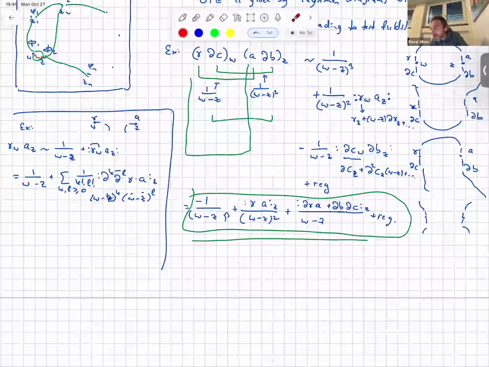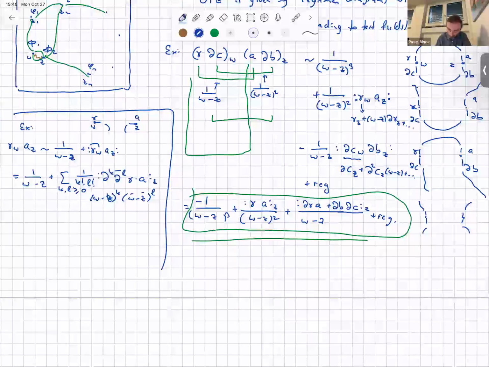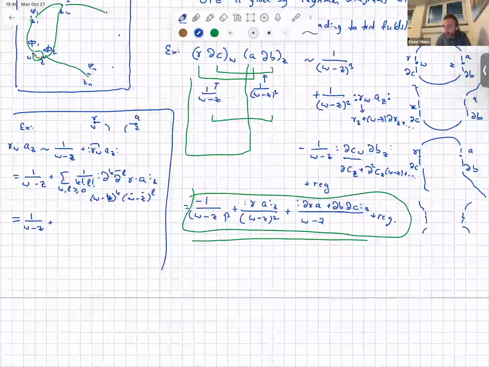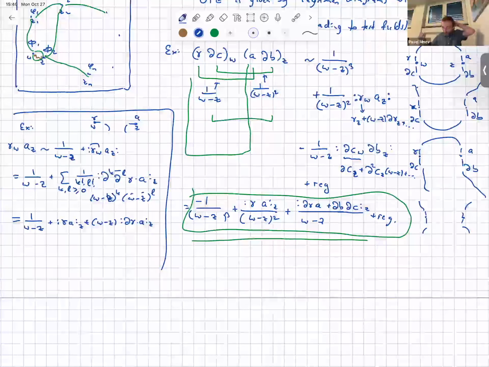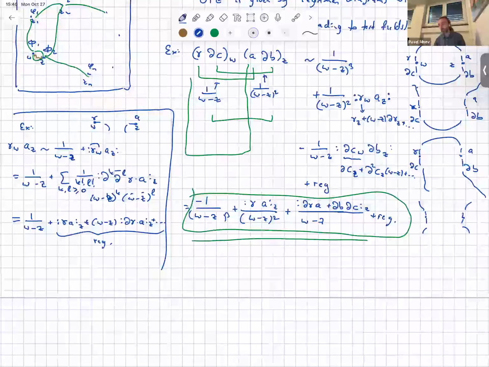So the only nonzero terms are when L vanishes. So it's the same as 1 over W minus Z plus gamma A at the point Z, plus W minus Z times the normally ordered del gamma times A at the point Z, plus W minus Z squared times the normally ordered del squared gamma times A, and so on. So here I'm just illustrating that you can write down this regular part explicitly, no problem.